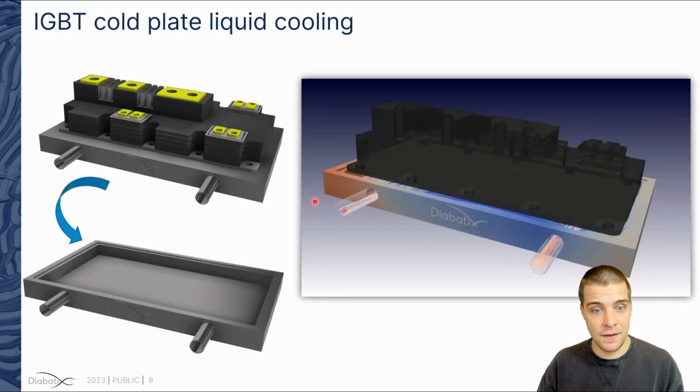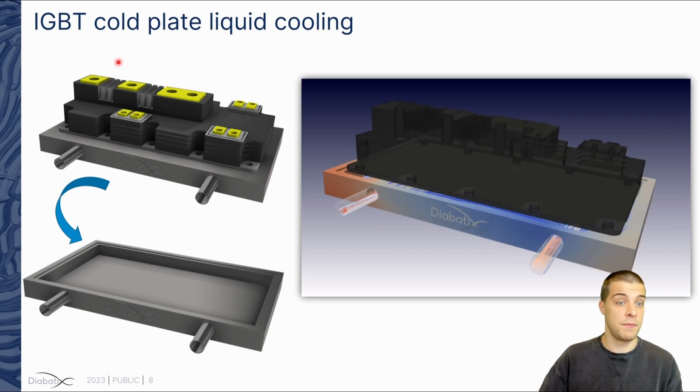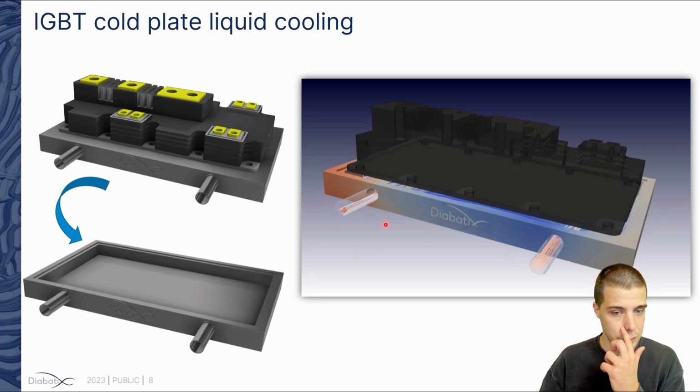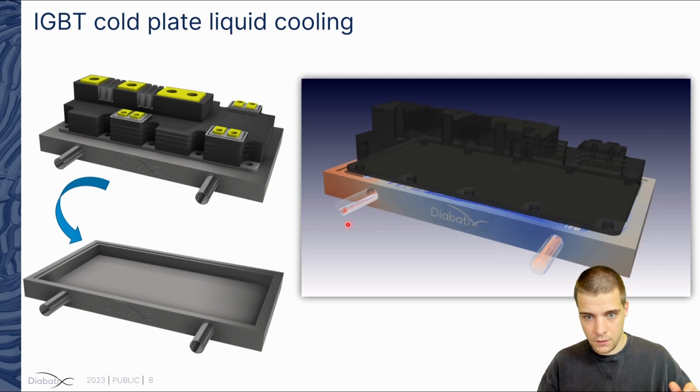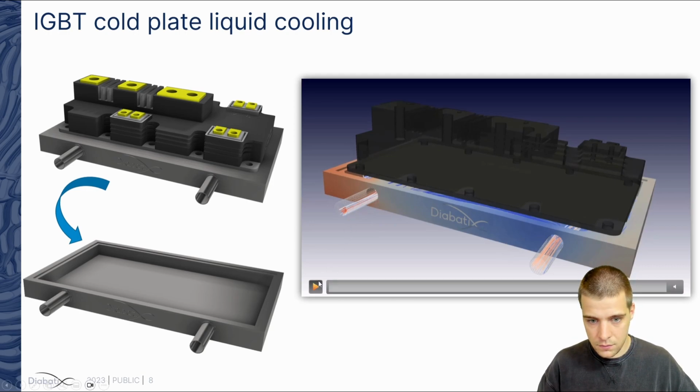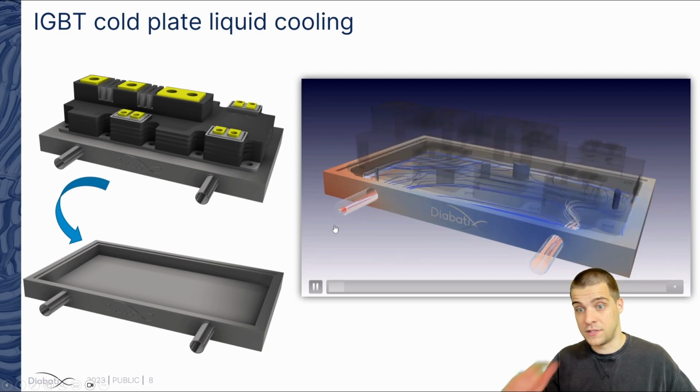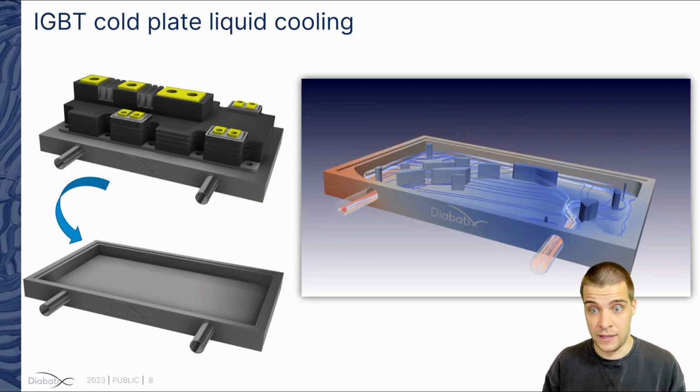Okay, so let's quickly showcase how that would look like on an IGBT cold plate. You basically have a stack of IGBTs on the top, some space below it to cool down, and now you will see what the software will do in the background.